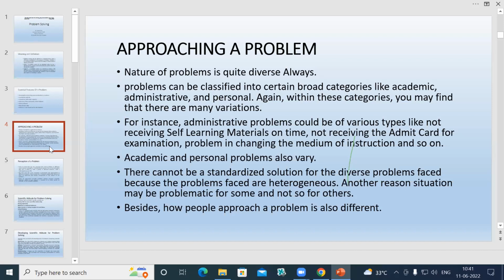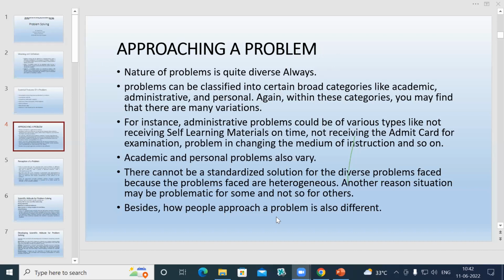Sometimes students take their specialized paper under the influence of other students. Suppose he has an interest in economics, but he has taken geography under the influence of another student, then it is a problem and we can't change the subject of the student. Or by mistake, sometimes the subject is wrongly written in the administrative documents.